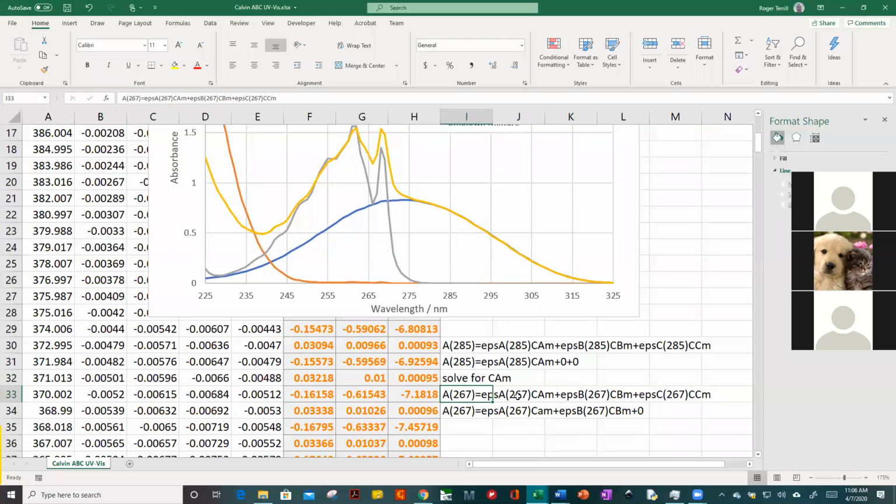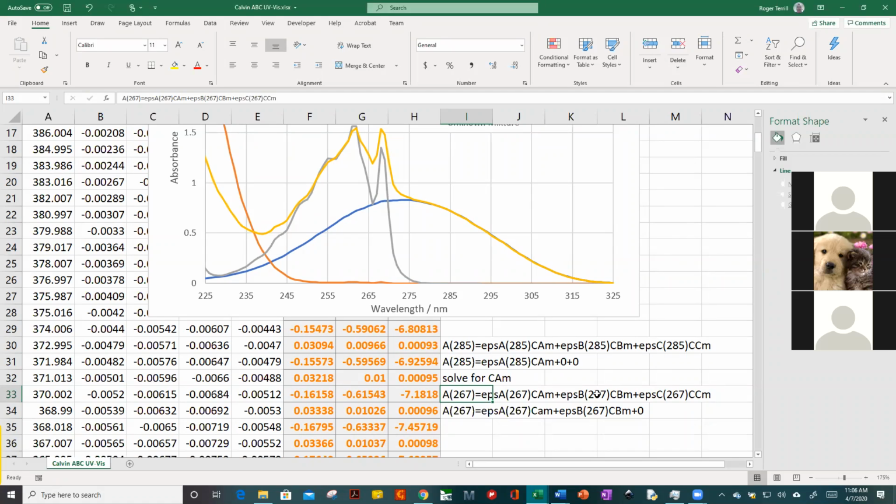Now at 267, we know the absorbance of the mixture, and we know all the epsilons. And now we know the concentration of A in the mixture, right?